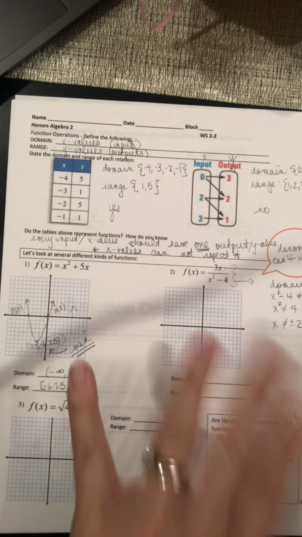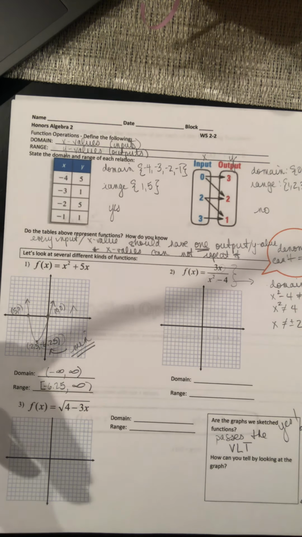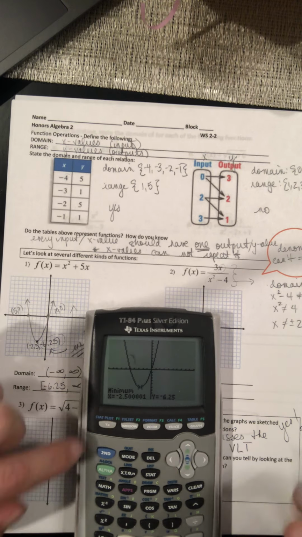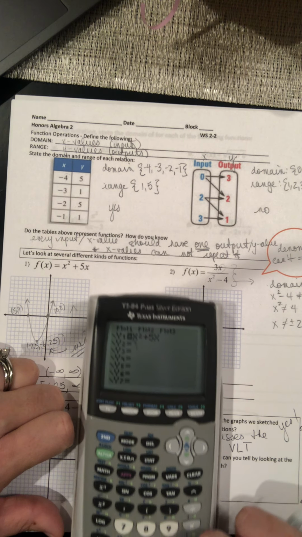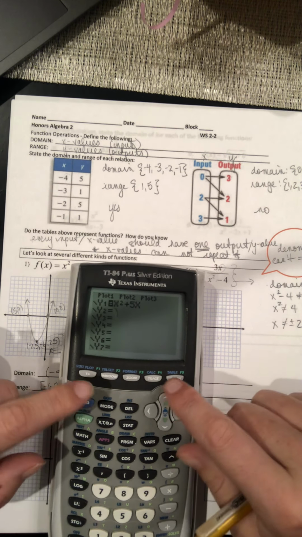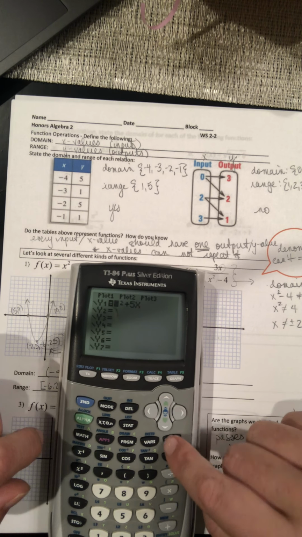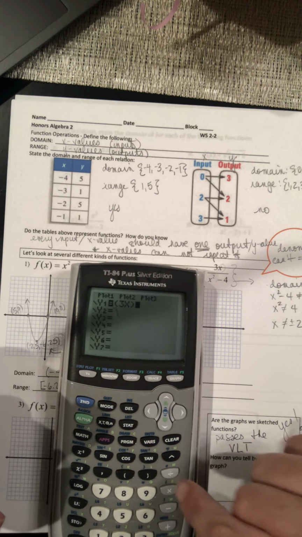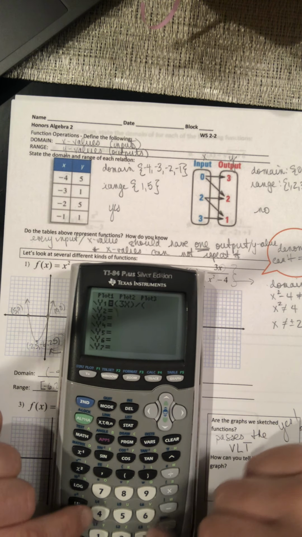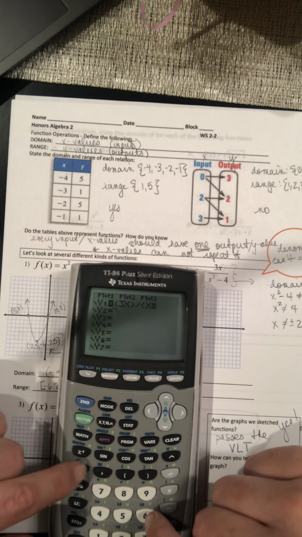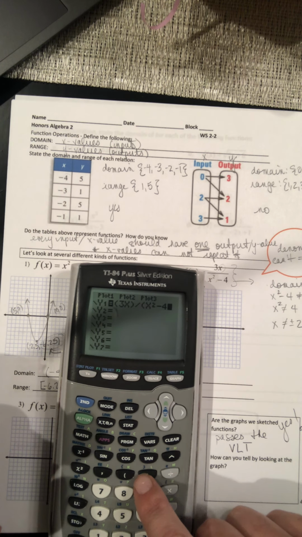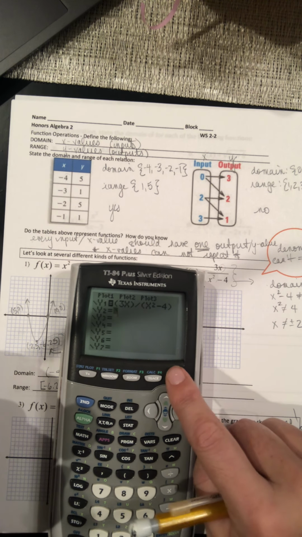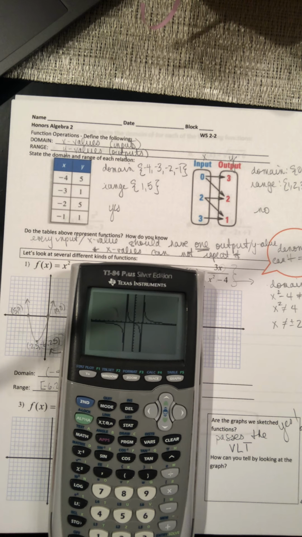Algebraically, that's true, and graphically. So if I look here, and I put this into my graph, because I wouldn't expect you to know what this looks like, we're going to clear that out, put in 3x divided by x squared minus 4, and then hit graph, and you will get this.